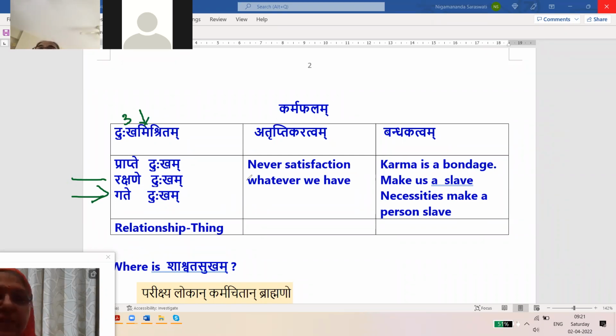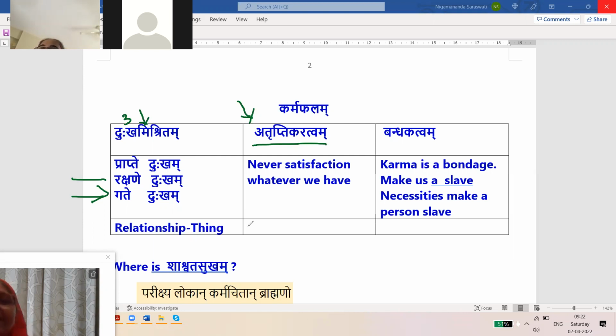Another defect in karma phala, I have written, is atrupti karatva. It never gives satisfaction. Suppose somebody has a pay scale of 1 lakh, then they desire more. Let me have more job, let me have more money. So atrupti karat. Our Swamiji used to tell, when we write a check, maybe 1 crore, 1 lakh, we always have to write 1 crore only.